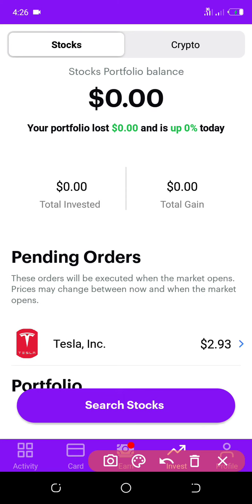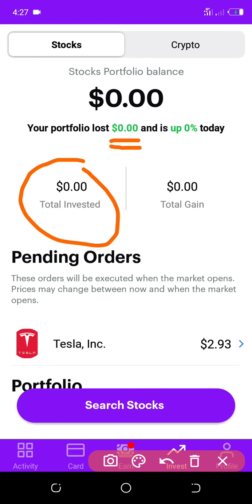When you gain, the profits show here. When you lose, the losses show here. So this shows the total invested and the total gained or lost. It's not yet confirmed, but when it's confirmed, this 2.93 will be here and the profits will go here.